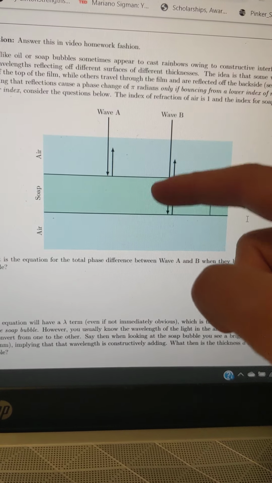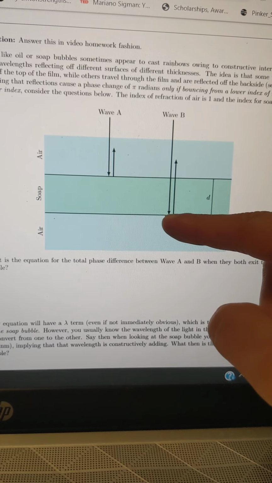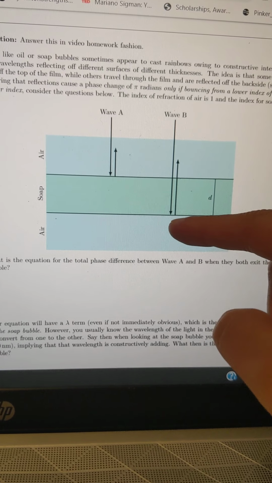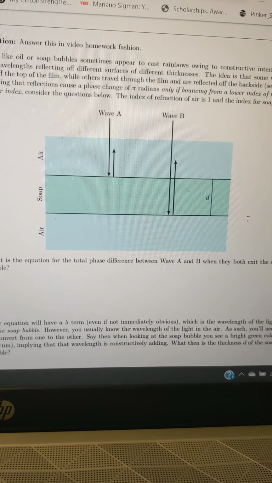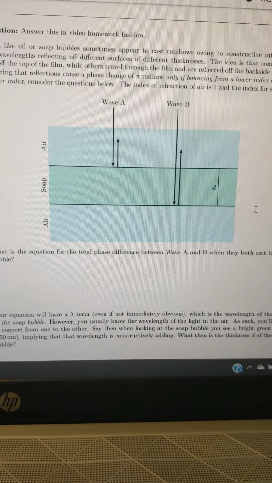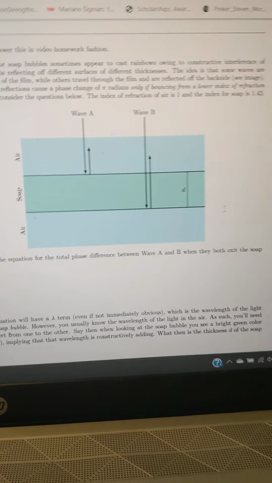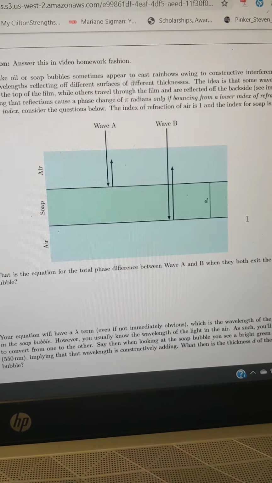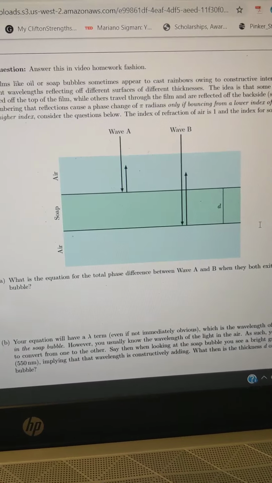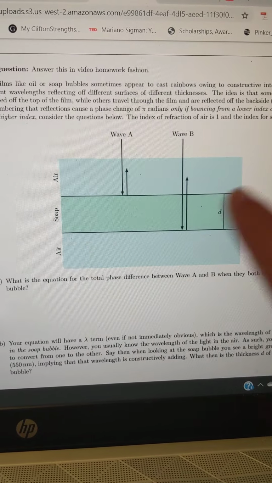However, when we go down here to the bottom of the soap bubble, it goes from soap to air, and that shift, because it's going from a higher n value to a lower n value, means that it will have a phase shift of plus pi.